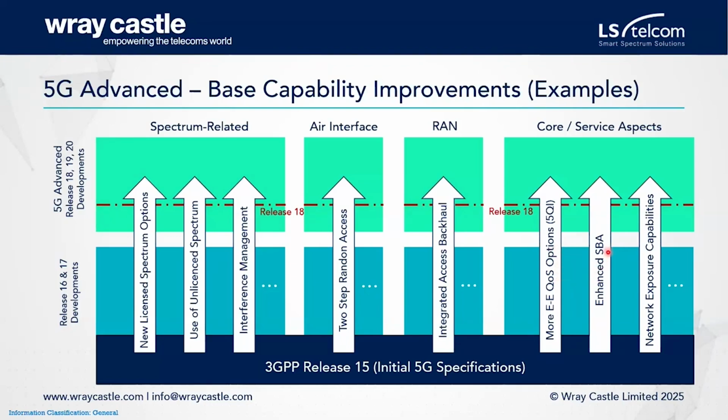We've enhanced something called the service-based architecture, which is the architecture itself, the way in which we connect those core network elements. So in the old days, we used to have telephone exchanges. Now we've got lots of different network functions, which are being connected in specific ways, which collectively give us what's known as a service-based architecture, much more efficient, much more effective.